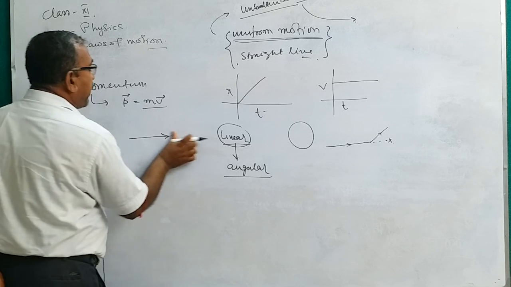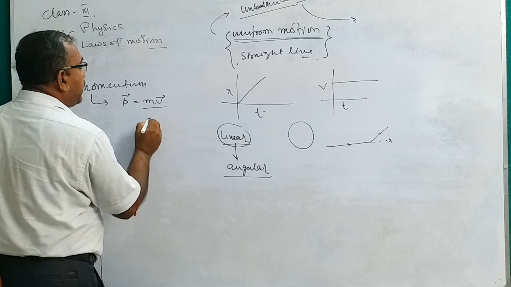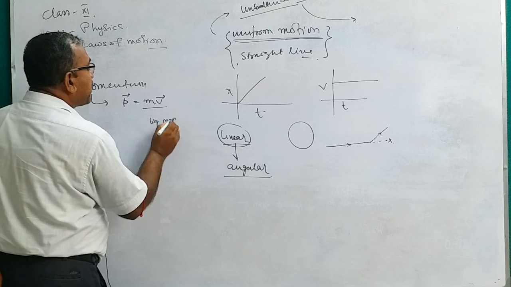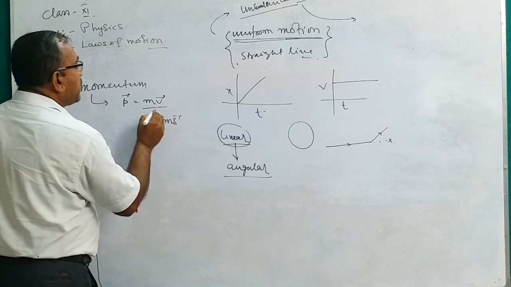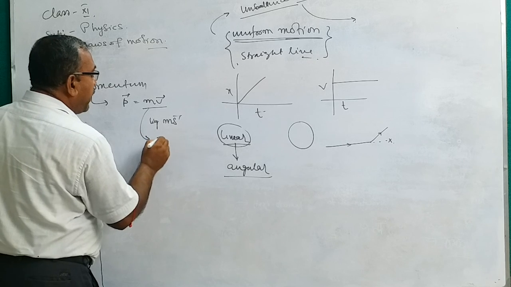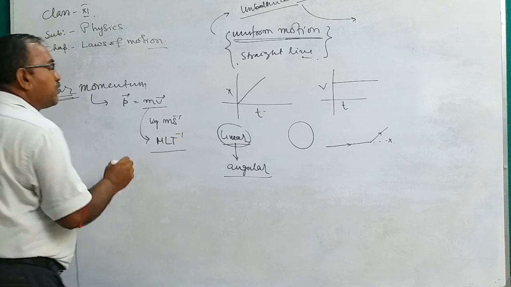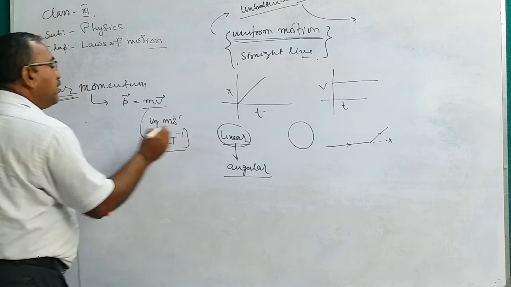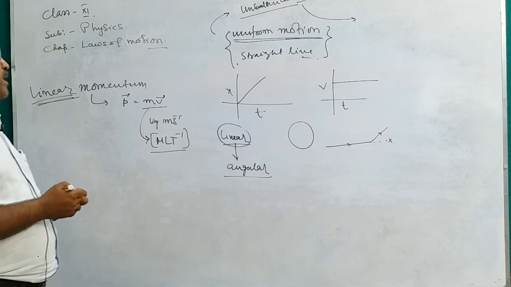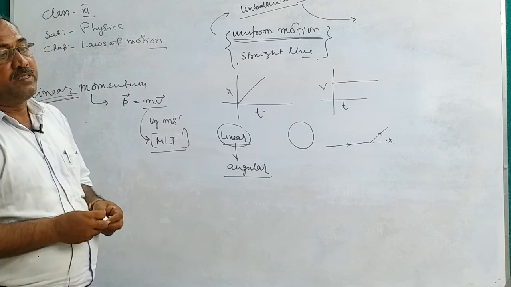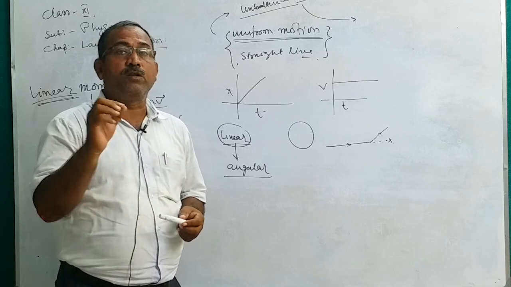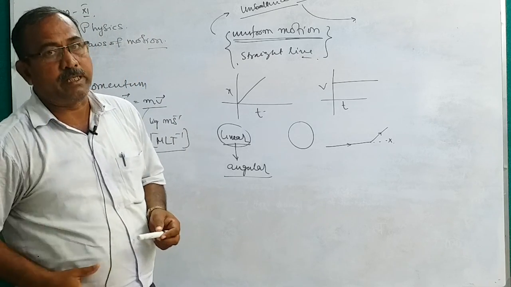What is its dimension? The unit is kg meter per second, kg m s to the power minus 1, and the dimension is M L T to the power minus 1. You know this from your first chapter. So you must be careful and always use the term linear momentum.